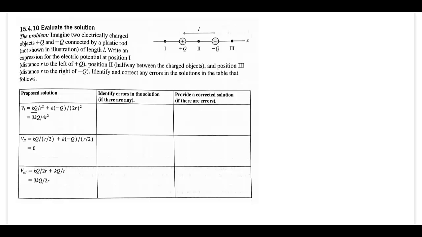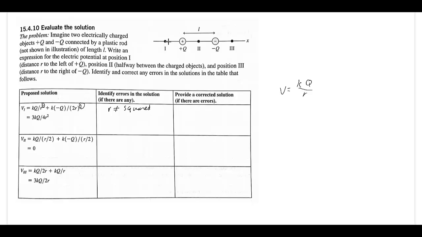I notice right off the bat in V1 that they're using squared, which is not allowed. That is not the equation. V, if you recall, which we just used in the last problem, is kq over r, where r is the distance between the point and the charge. So already that's one mistake here. So r is not squared. kq over r here is fine.